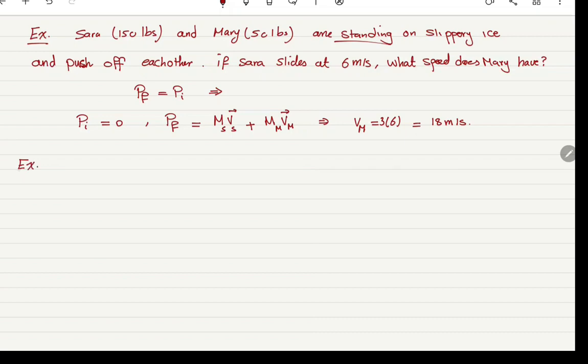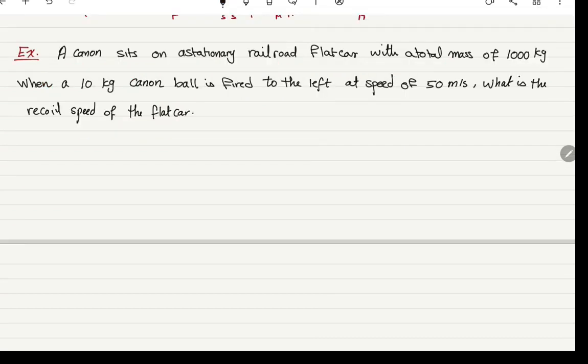Example: a cannon sits on a stationary railroad flat car with a total mass of 1,000 kilograms. When a 10-kilogram cannonball is fired to the left at a speed of 50 meters per second, what is the recoil speed of the flat car? So we have here a cannon, this one here, that sits on a railroad flat car.